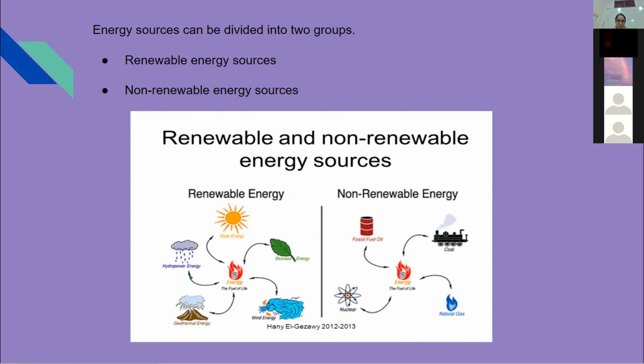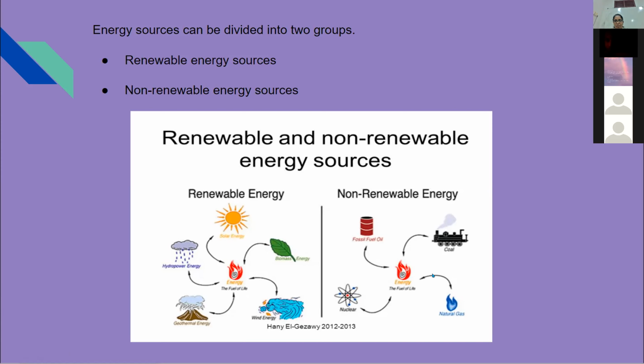In Sri Lanka, they are mostly using non-renewable energy to produce electricity, and that is the problem. All the non-renewable sources we import from other countries. There are some other examples also: biomass energy, wind energy, and geothermal.